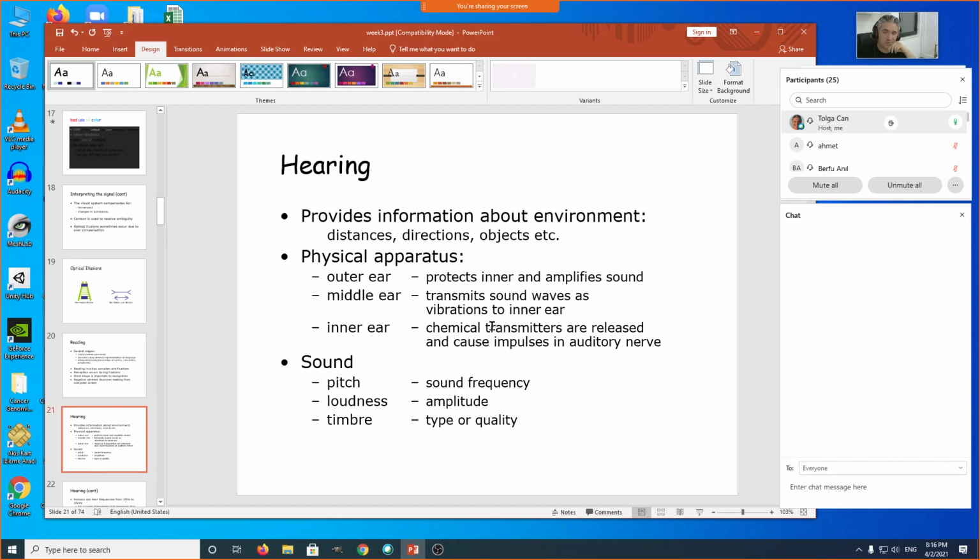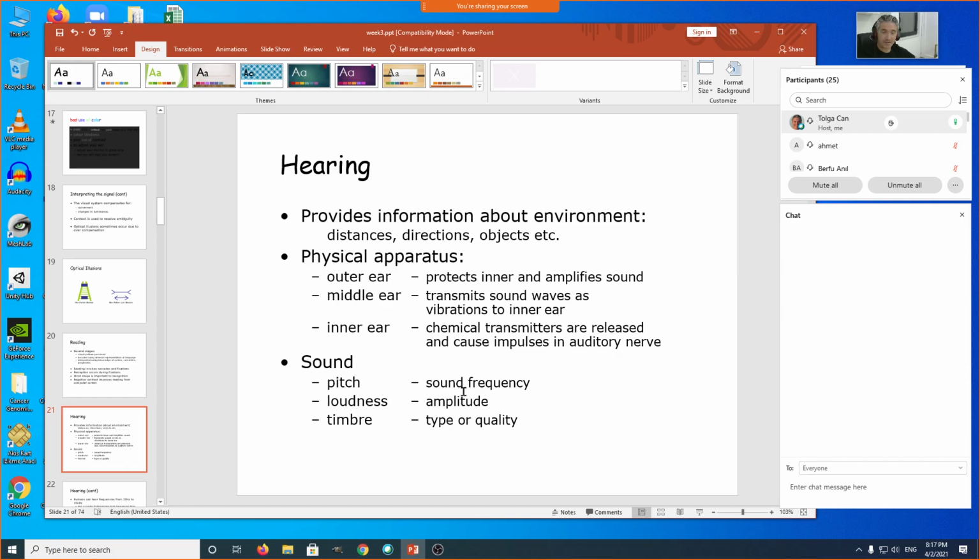And now we jump to auditory signals, hearing. Hearing also provides lots of information that most of us are not aware of. It may give us information about distances, directions, which objects are there. Our physical apparatus in humans or other animals has the outer ear, middle ear, and the inner ear.